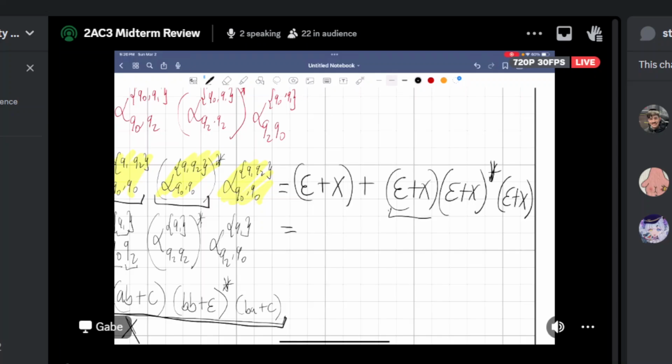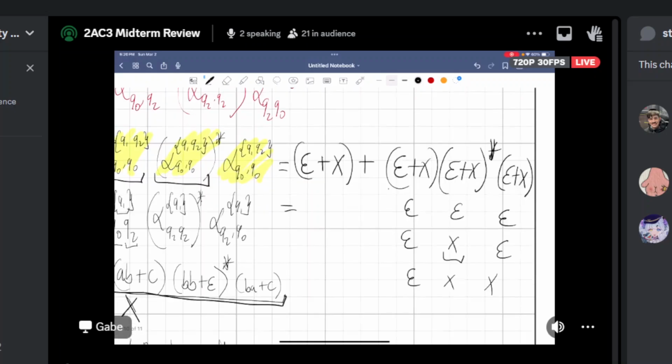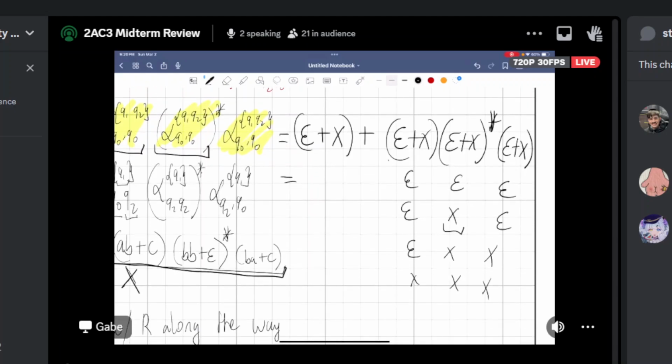But over here, essentially what we're doing is we're saying that we can either have an epsilon or an X at the start, concatenated with either epsilon or any number of X's we want, and we finish with an epsilon or an X. So we can have epsilon, epsilon, epsilon, or epsilon, X, epsilon, so we just have one X, or epsilon, XX, which is 2 X's, or XXX, which is 3 X's, or XXXX, which is 4 X's.